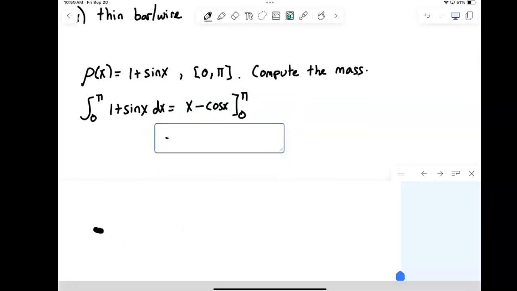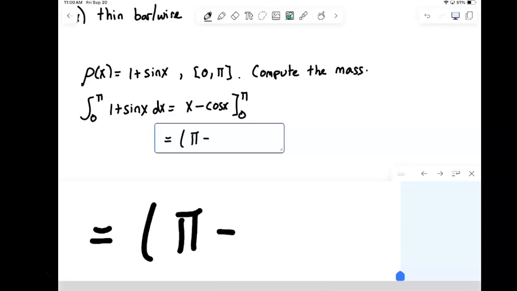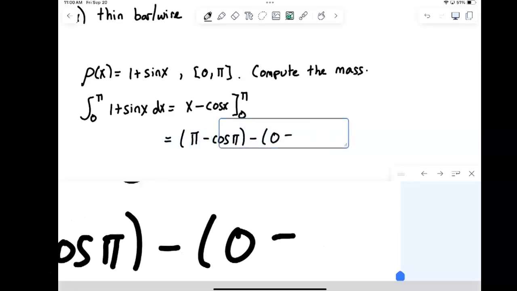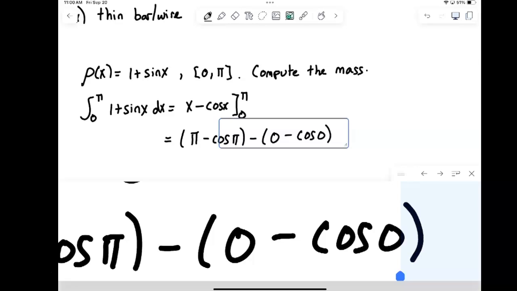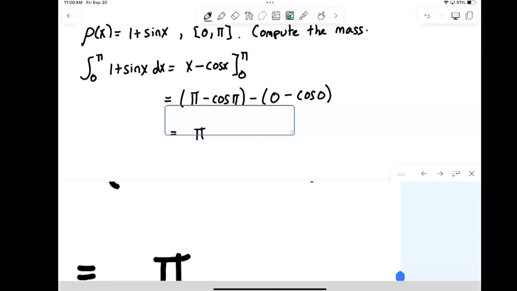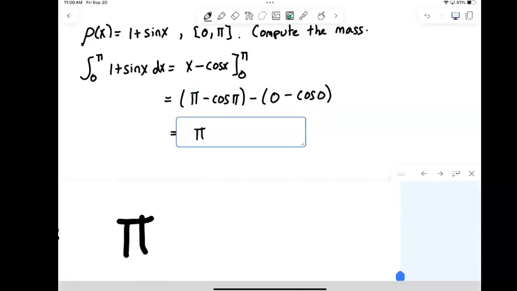Right, and then we just go in and compute that. So that's going to be pi minus the cosine of pi, minus 0 minus the cosine of 0. So we're going to get pi; cosine of pi is negative 1, so that's plus 1.